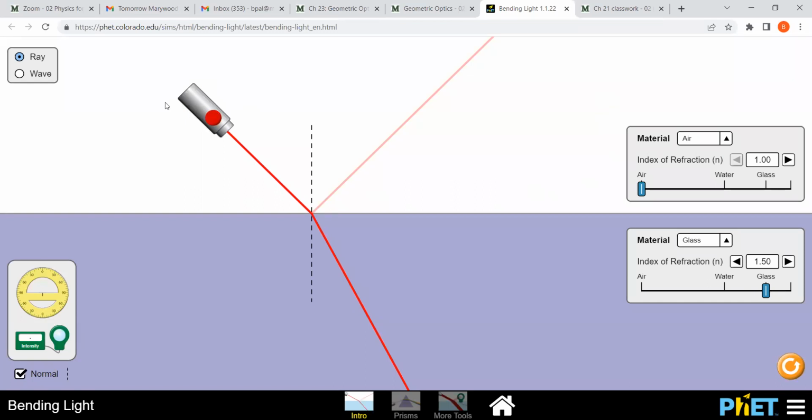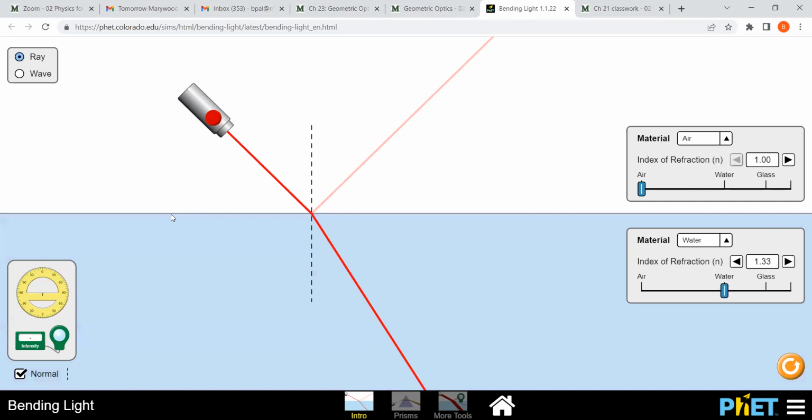It's basically the same thing. Light is going from air to water. If light goes from air to water, that means low index of refraction to high index of refraction, then the refracted ray bends toward the normal line.